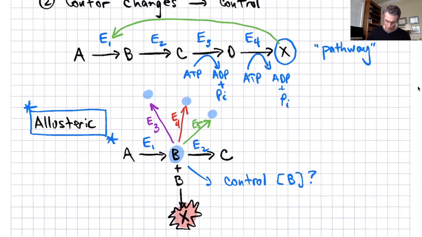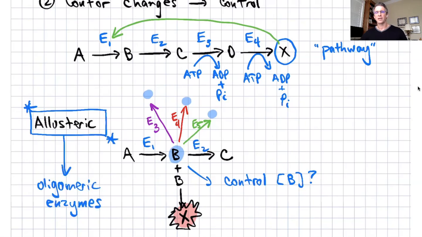And what's often true of these allosteric enzymes is that they are often oligomeric enzymes, right? Now, by no means are all enzymes oligomeric, and not all oligomeric enzymes are allosteric, but the vast majority of allosteric enzymes do turn out to be oligomers.